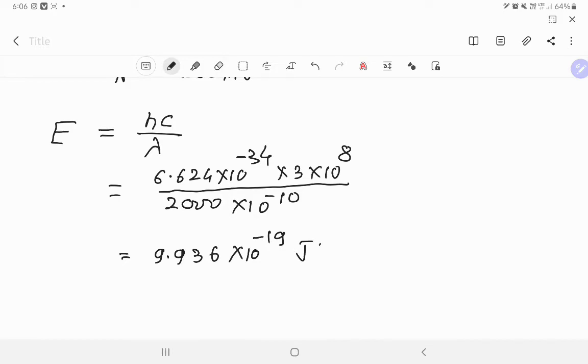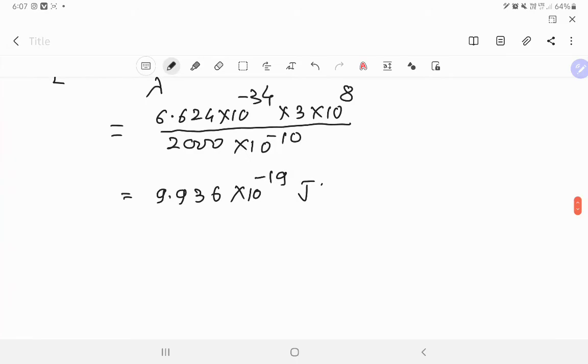This is energy per quanta, the energy of one quantum of radiation. And per Einstein energy, it is N hc upon lambda. N you can take as Na, Avogadro's number.